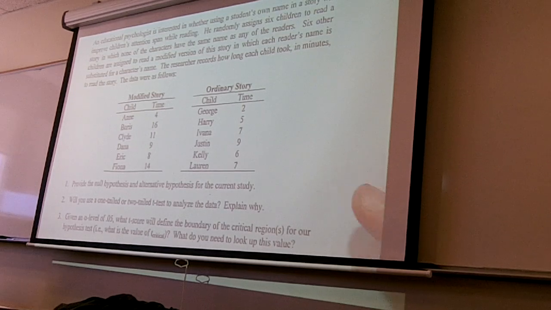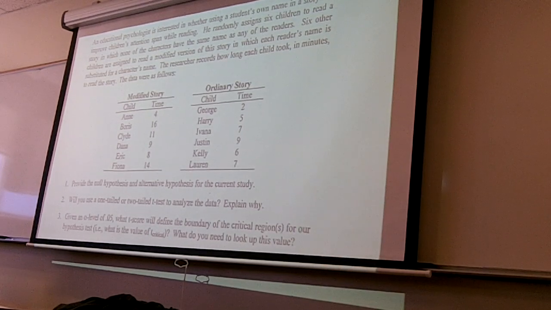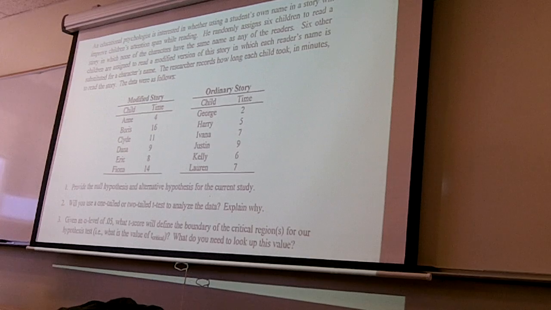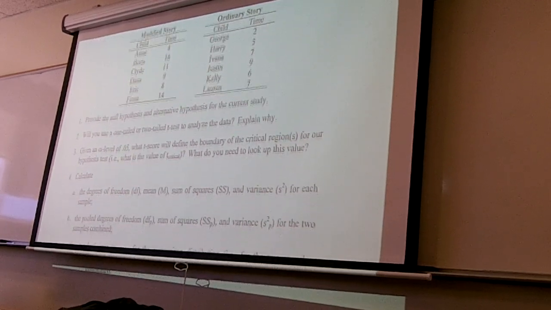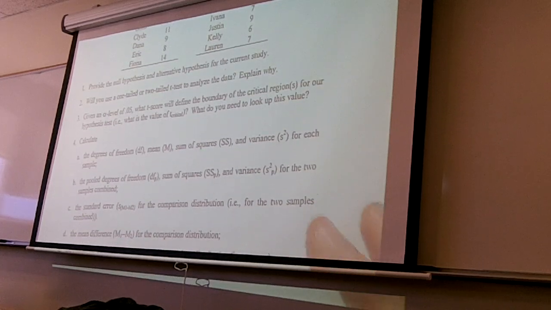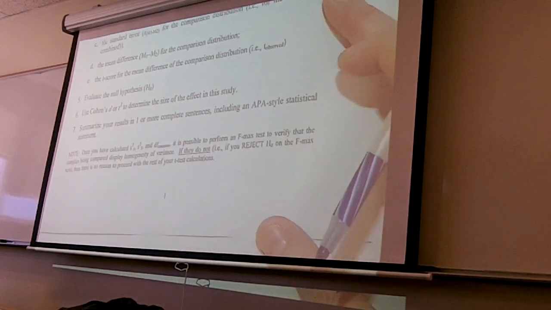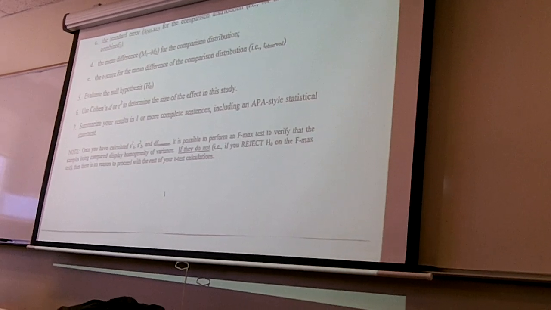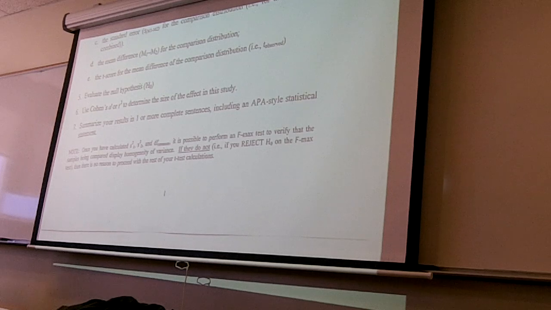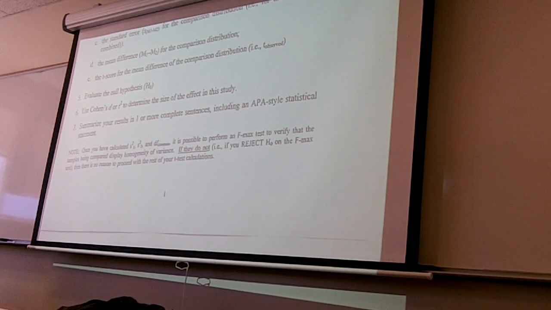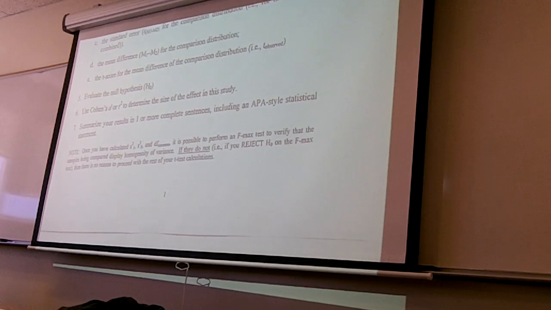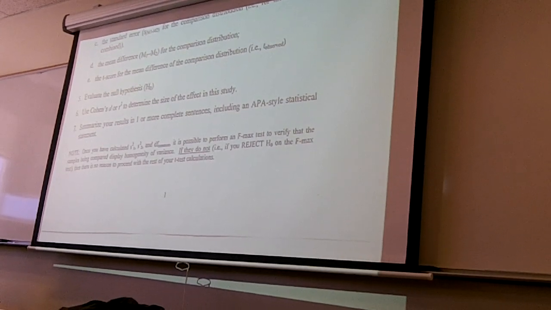Now, if you look at the handout, if you were reading it carefully when we were going over this problem last time, you saw down here at the bottom a note that says once you have calculated the sample variance for group 1 and the sample variance for group 2 and something called DF common, which I'll tell you what that is in a second, it's possible to perform an Fmax test to verify that the samples being compared display homogeneity of variance.